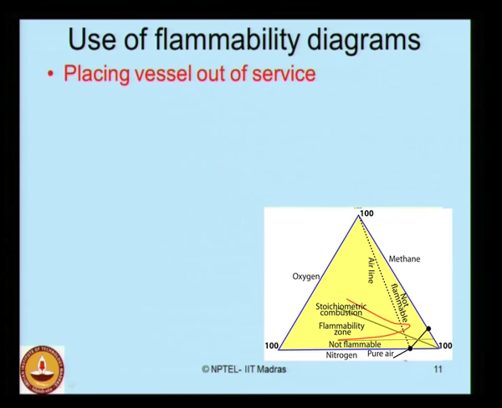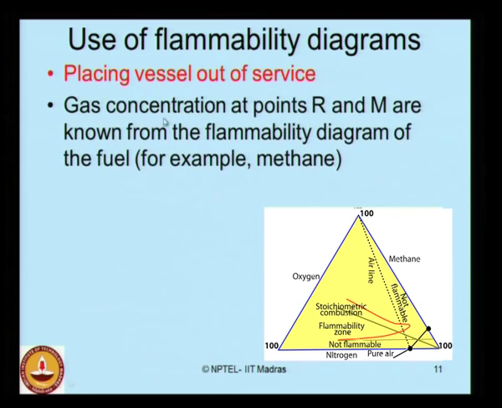Now, look at the points R and M. The gas concentration points at R and M are known for the given flammability diagram of the fuel. In this case, I have taken the example as methane. I hope you will have no doubt in getting the intersection of this point to get the point M, and of course the pure air presence on the nitrogen arm as R. So, the gas concentration points at R and M are known to me in my flammability diagram.